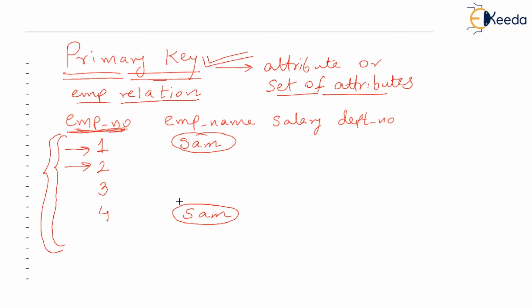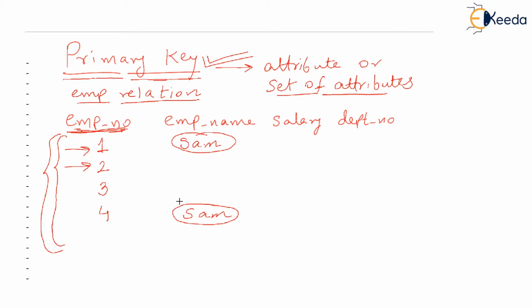Secondly, we don't want the employee number value to be null for some employee. That means primary key is such a column which has unique values, and we cannot have this employee number empty for some employee. If there is an employee in the company, then that employee must have an employee number.